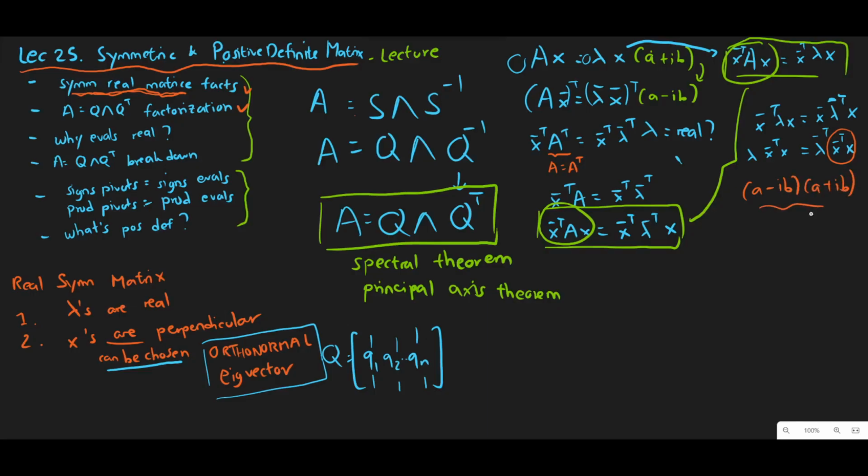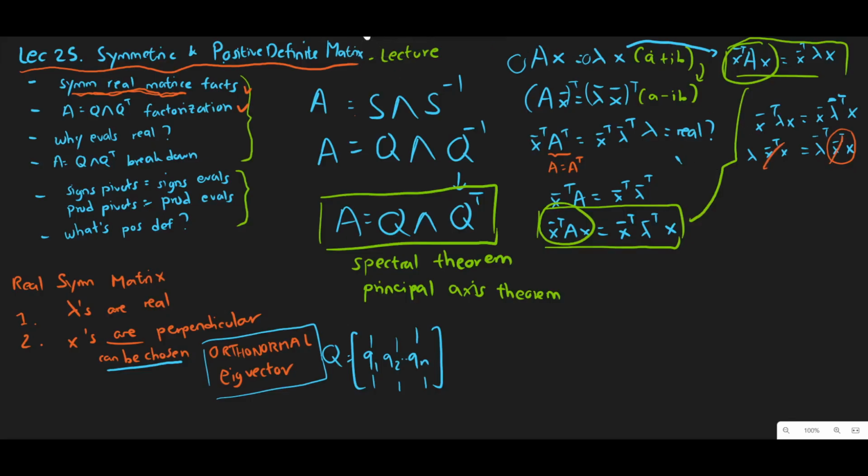So this will give me the length squared, a squared plus i squared b squared, and i squared is minus 1, so plus b squared. It is the sum of each component, a squared plus b squared. So what I want to say is that I can cancel them out.